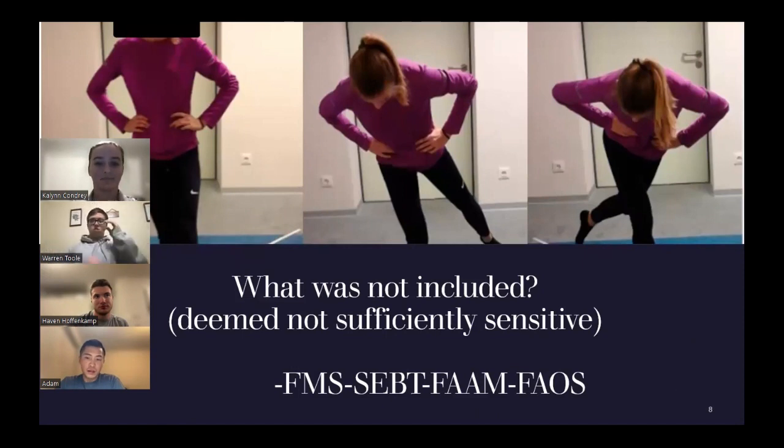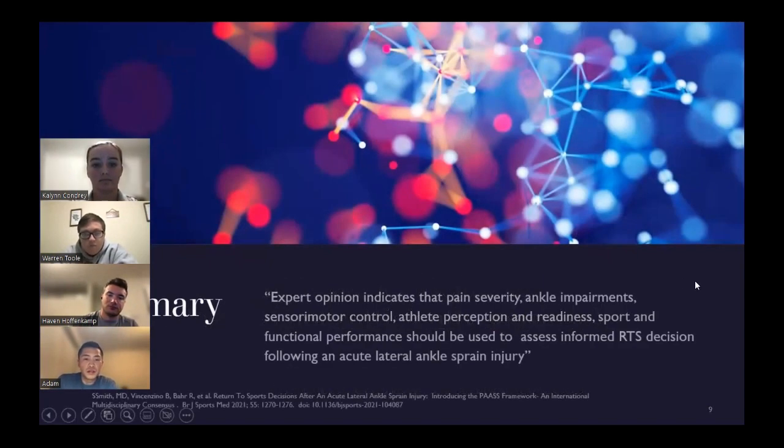And I was like, okay. But they also did include some other things that you might think about, because remember, this is acute, and in an acute injury, what they thought was important was the pain, the impairments. There's one thing that's not here.